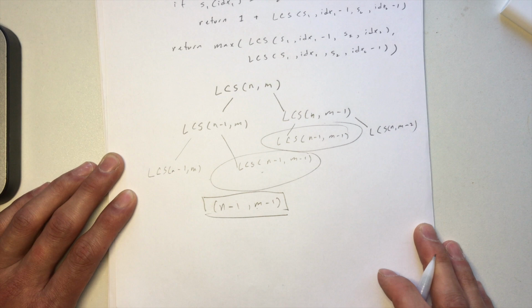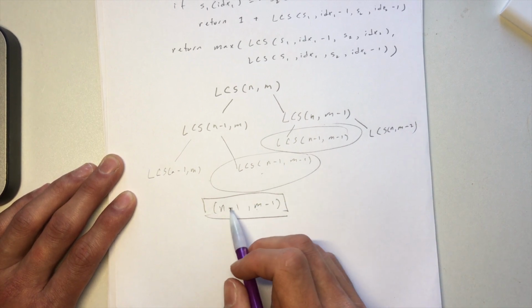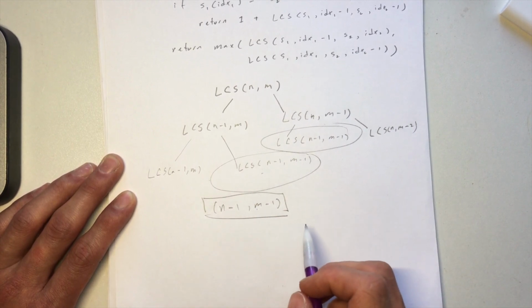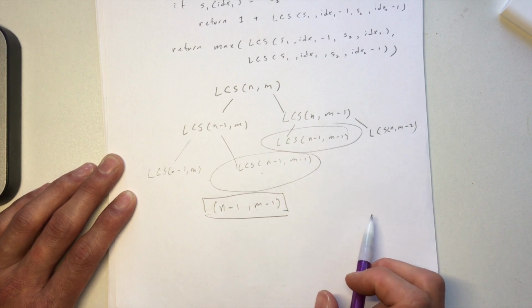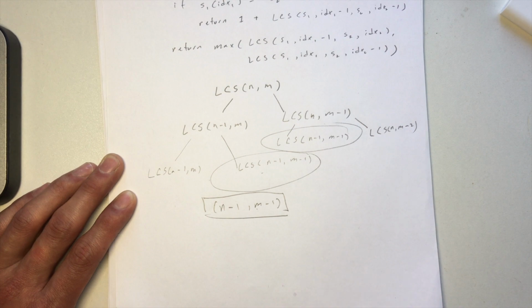So what I'm suggesting is let's remember our results in every single state so that when we visit a particular state again, we don't have to calculate it. Okay, let's go back to the computer.